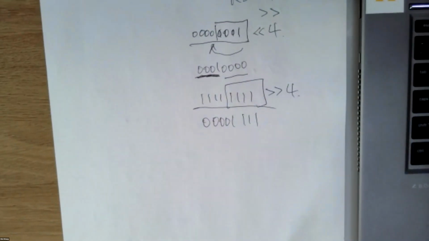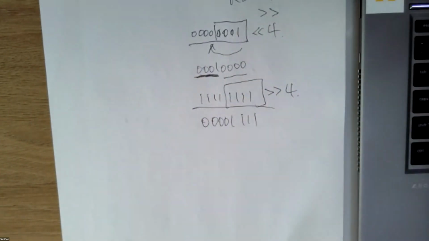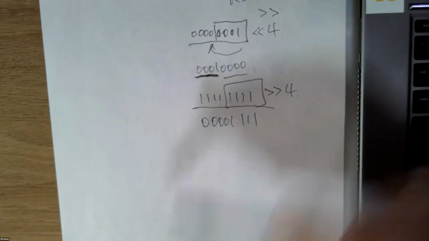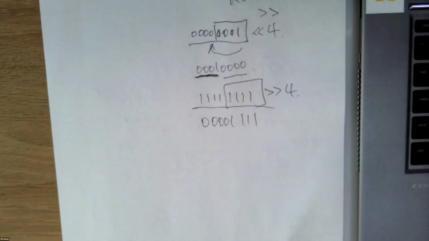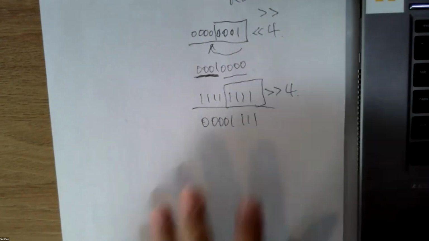And so this will give you 15 if you print it out as a decimal integer. And that's just how shift works.